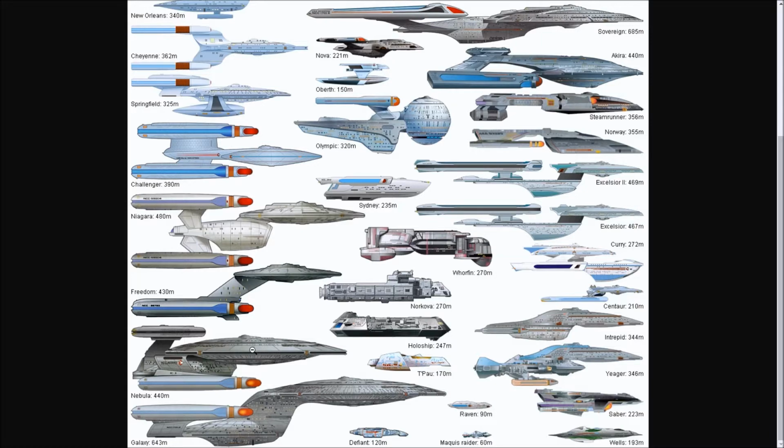But generally speaking, the big controversy about the Nebula class, when you're trying to debate Nebula versus Galaxy, is the size. Now, of course, the Nebula class is shorter, but its configuration is different. So that's not necessarily a winning point here.